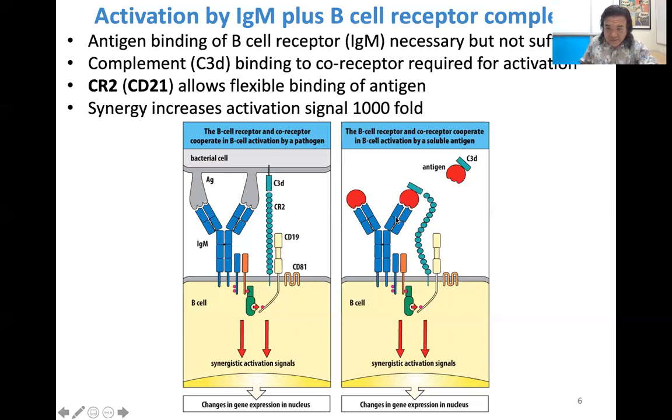So you can see here the antigen alone, carrying a little piece of C3d, sticks to the end of the immunoglobulin. But again, the co-receptor can still detect that, because it can reach over and bind to the C3d part, and you get that synergistic waking up kind of signal. That results in certain genes being turned on in the B cell, and that's the B cell waking up and paying attention. Hey, what's going on? Suddenly it seems like something on my immunoglobulin actually binds.